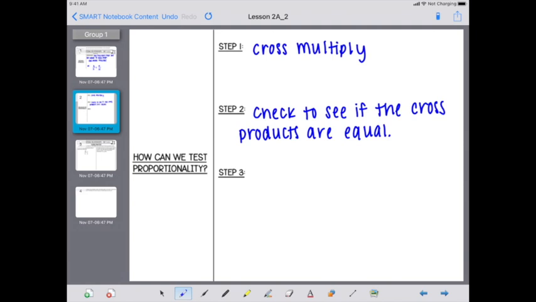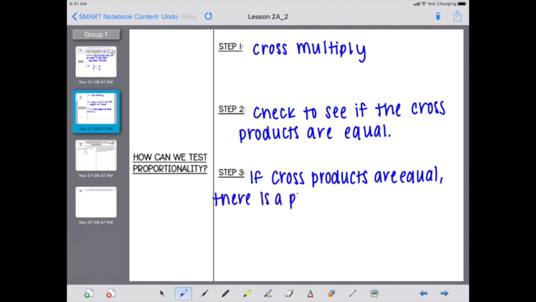Depending whether they're equal or not, you will have a proportional relationship. So if the cross products are equal, there is a proportional relationship formed.